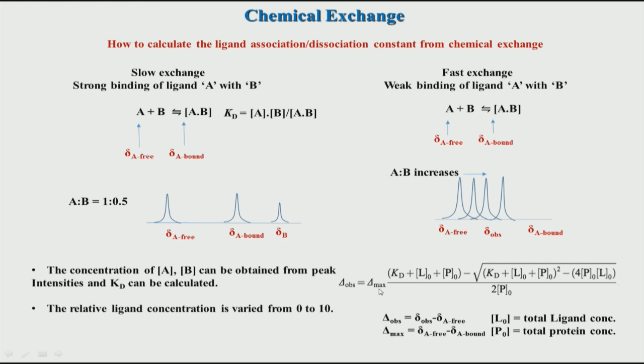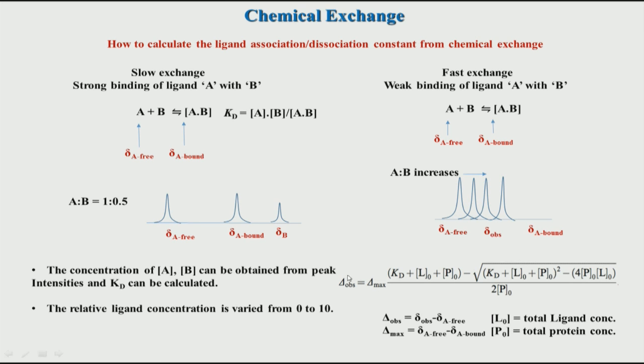Delta max is after adding a large value of B, let us say 10:1. At that point the peak will be completely here because of the population weighted average. When it is completely here, this distance from here to here is called the max. Why maximum? Because that is the final value. So, it is the maximum the peak can shift. That difference is what is called delta max.